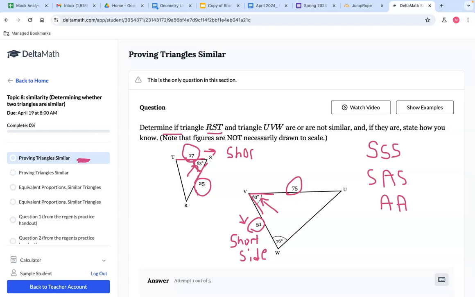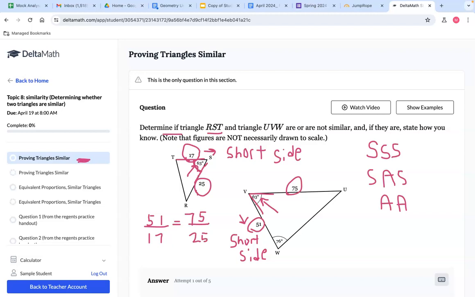These should in theory be corresponding to each other. So we can divide 51 by 17, and we're going to do the same thing for the other two sides, 75 by 25. So basically we have to ask ourselves, are these two fractions equivalent?